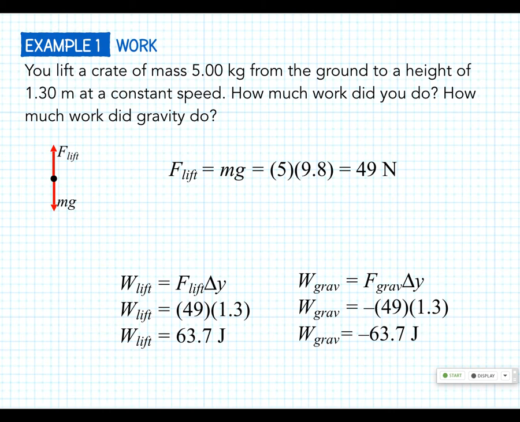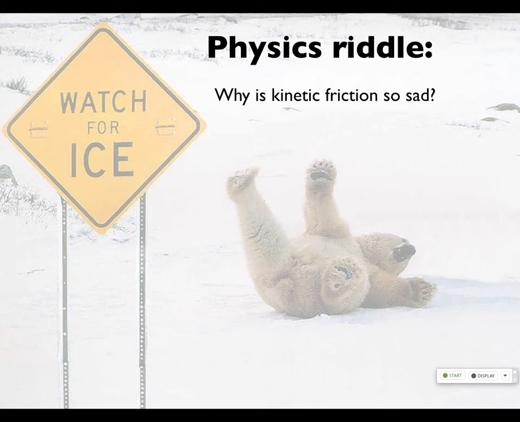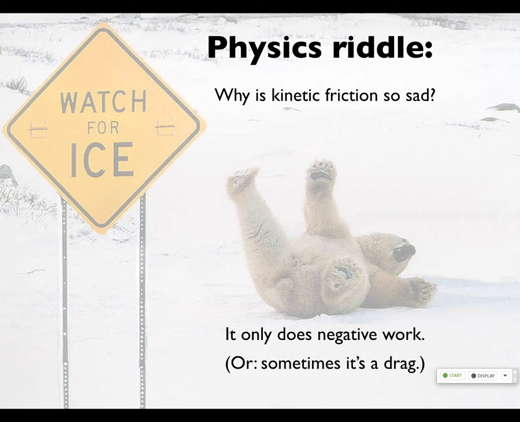Okay? All right. Oh, here's a riddle, and then we'll talk about it. Why is kinetic friction so sad? Because we cannot get the... It's because it only does negative work, or sometimes because it's a drag.